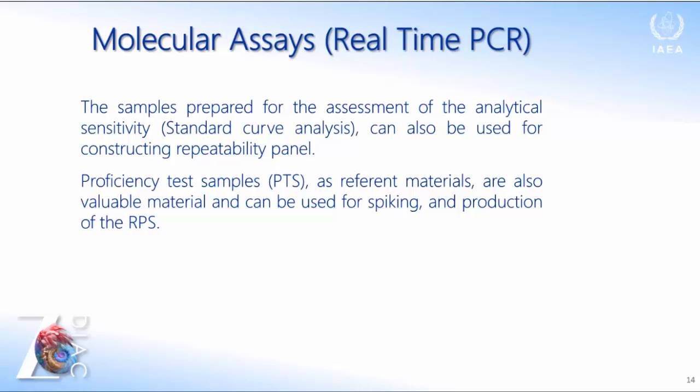However, I would recommend that you use different samples, to be more sure that the performance of the test will include all the possible variants and to get more reliable results on your repeatability.